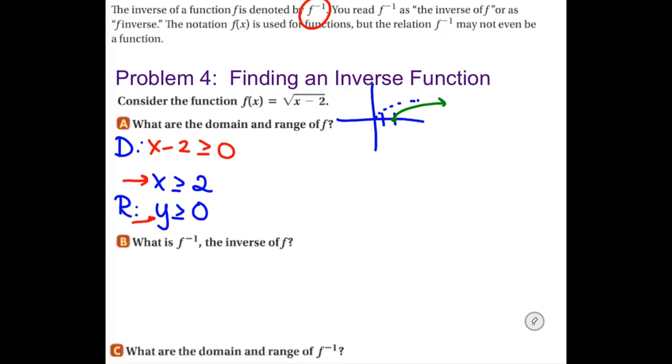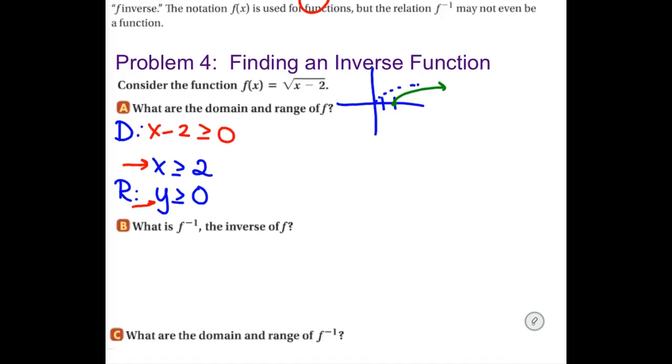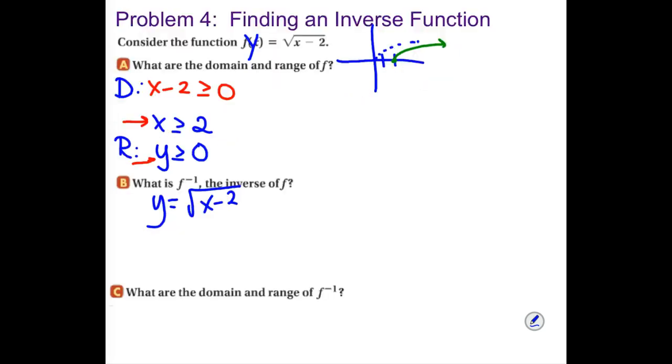Now it says to come up with the inverse. To find the inverse, we said we're going to flip-flop the x and y, switch them. Right now, this is y, correct? F of x is just another way of saying y. So we have y equals the square root of x minus 2, and we want to switch those.